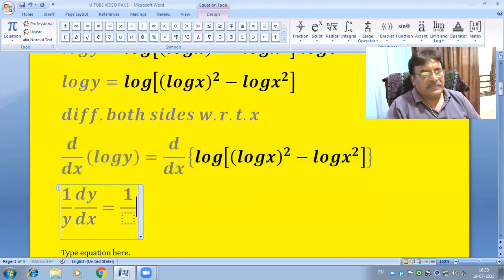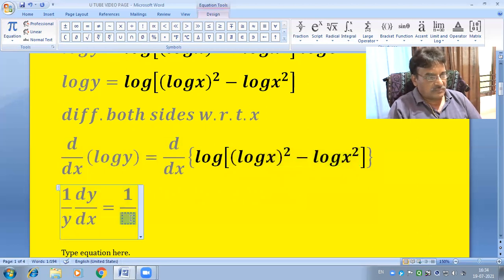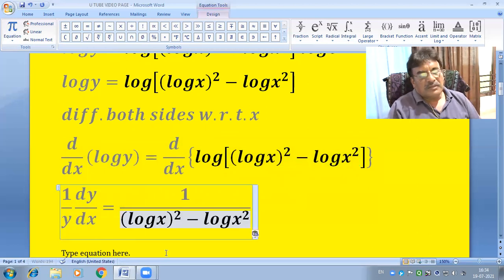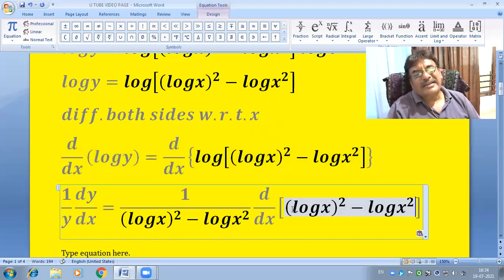So 1 by f(x), and here f(x) is this function, into d/dx of (log x)² minus log x².